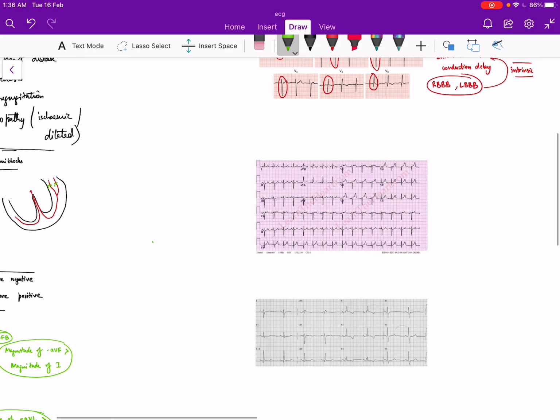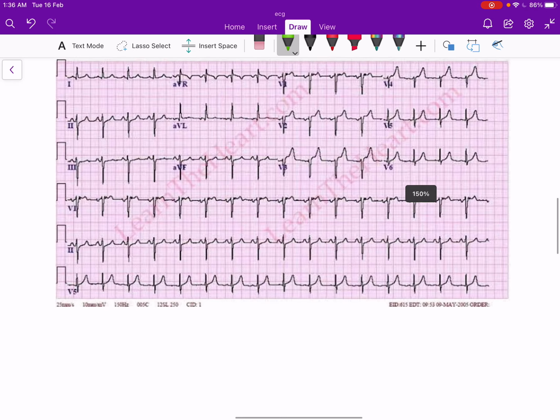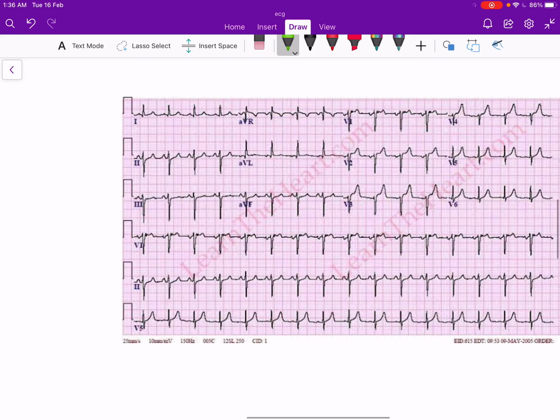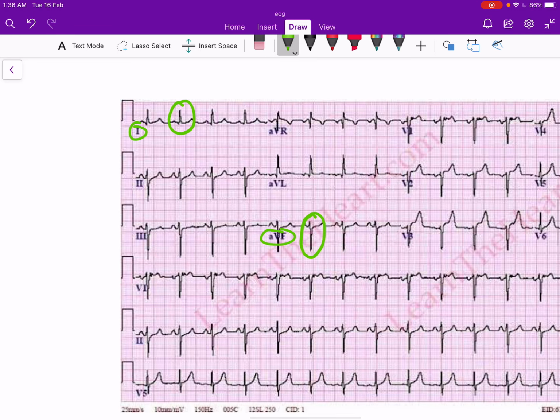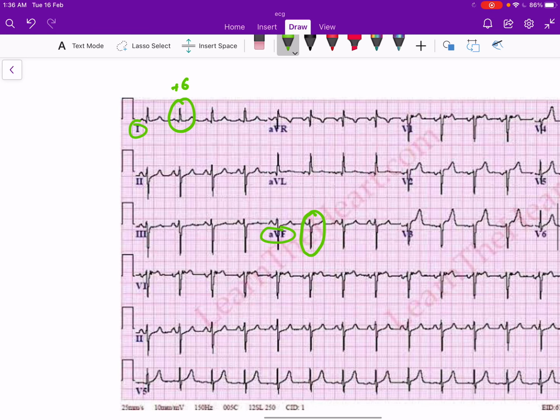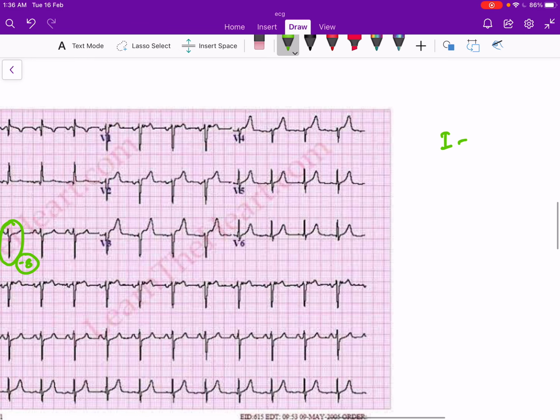Now let us see this with the help of an example. If you see this ECG, we'll focus only on two leads, lead 1 and lead AVF. Lead 1 has a magnitude of around plus 6, whereas lead AVF has a magnitude of around minus 8.